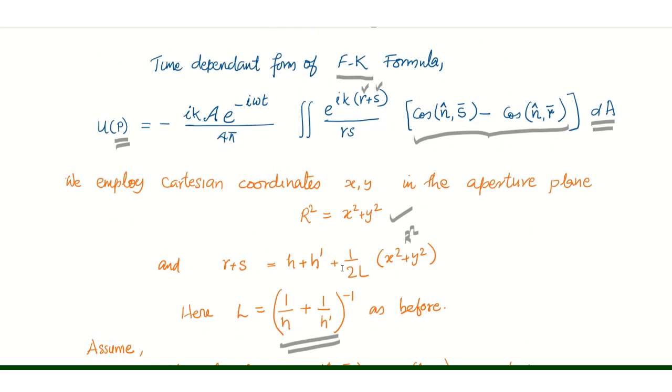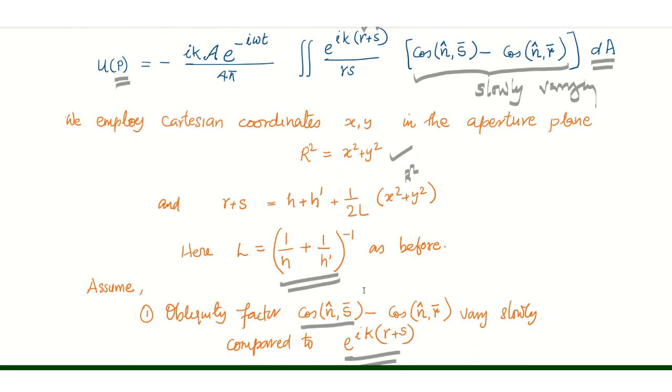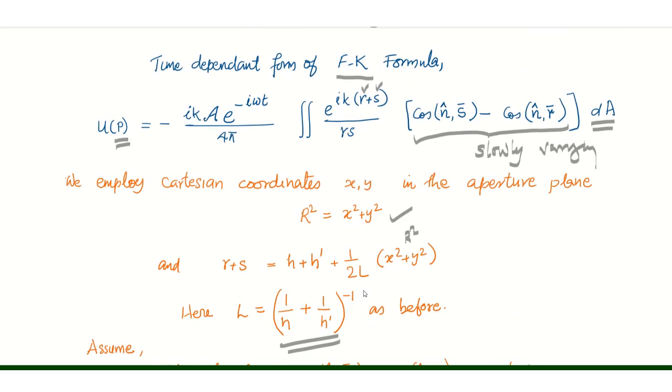That means this is slowly varying, which means its dependence on the variables of integration is not great, and it can be considered constant.